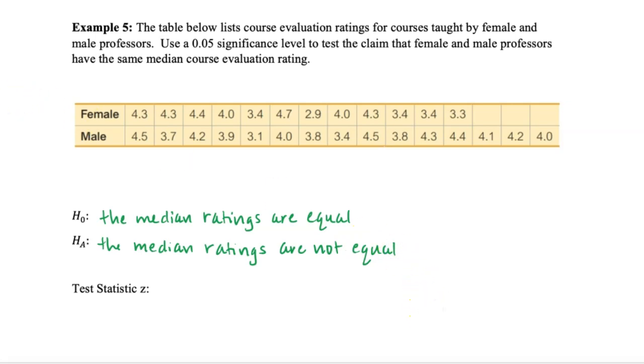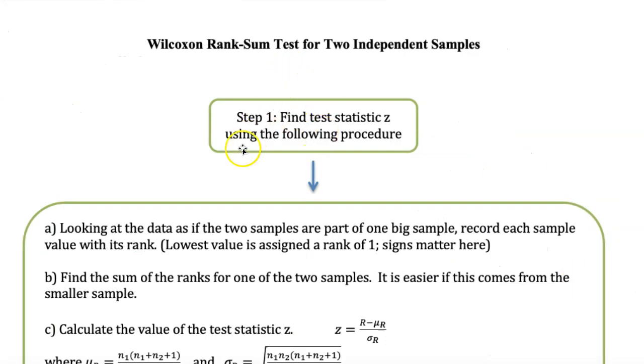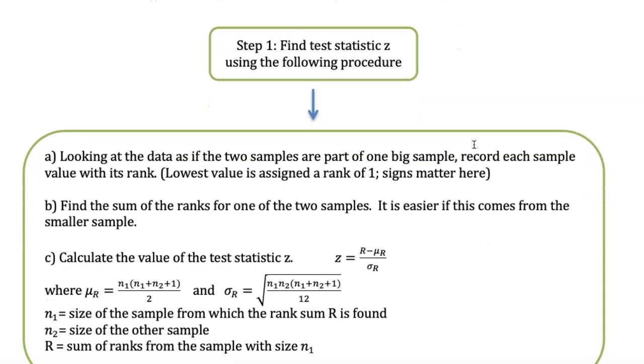Now let's refer to our flowchart for our next steps. In this test, I'm going to first find the z-test statistic using the following procedure. I know what the z-test statistic means; this is kind of using that normal distribution.